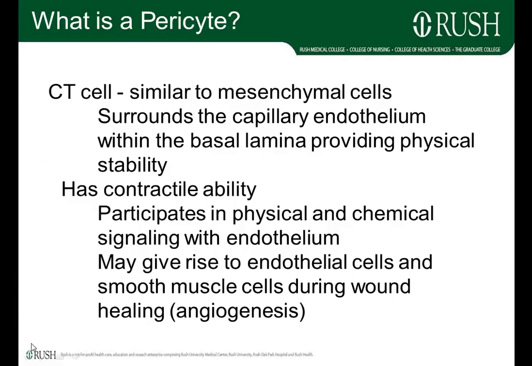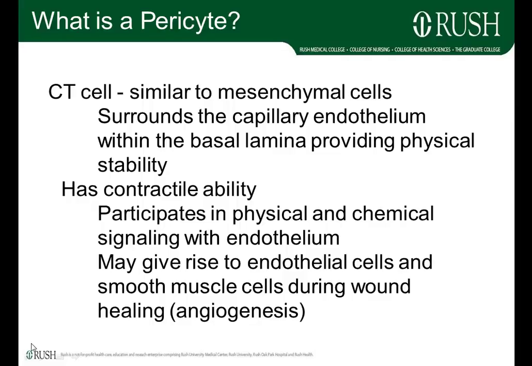So let's talk about pericytes. What is a pericyte? It is actually a connective tissue cell similar to mesenchymal cells that we studied when we looked at general connective tissue. It surrounds a capillary endothelial cell within the basal lamina, and it provides a little bit of structural support.